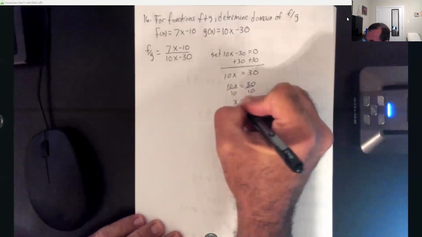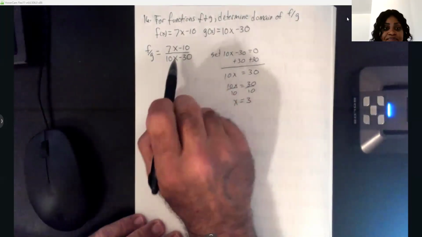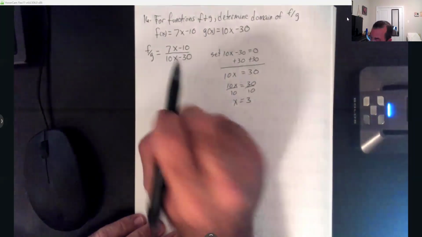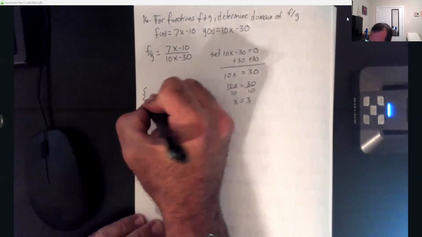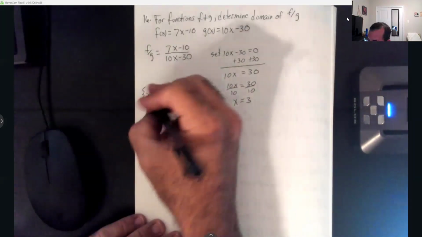So x is 3. Notice, we didn't care about the top on this one. All we were worried about was our denominator. So you would be x such that x is a real number.